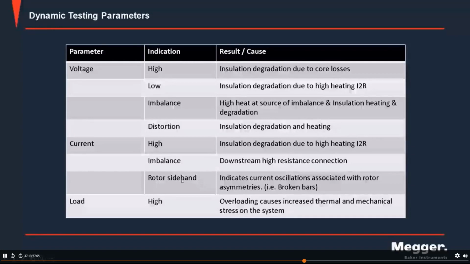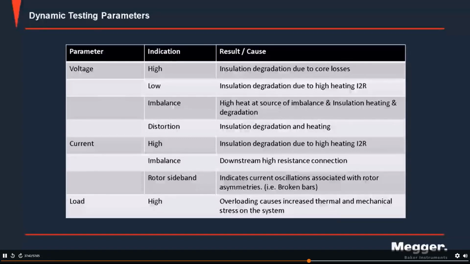There might be specific peaks of interest in the current, like a rotor sideband current, for example, that might identify a specific problem associated with broken rotor bars. And here you can see some of the results and causes. And again, I'll stress that in the next few weeks, we'll get into these with a lot more detail, but I'm just giving you a good look at them here to start.